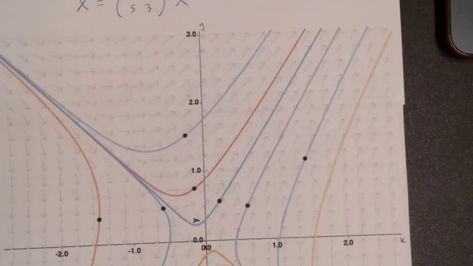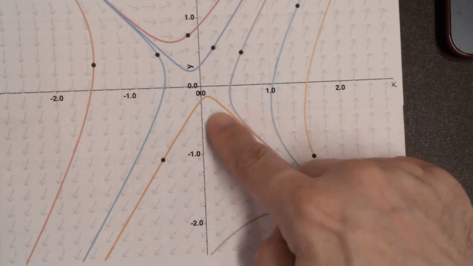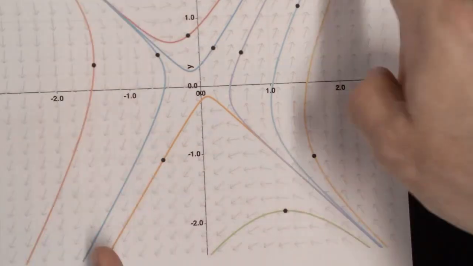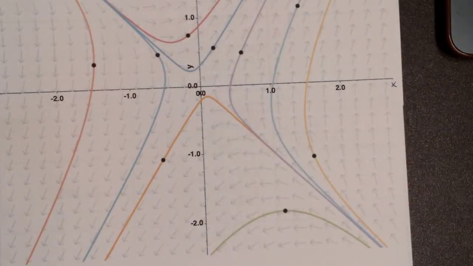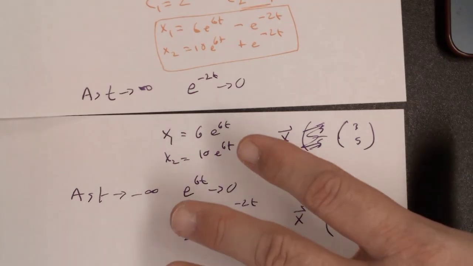From here to here. They go away from this line and they go towards that line. This phase plane diagram shows me what's going on, even if I don't actually have the solution yet.